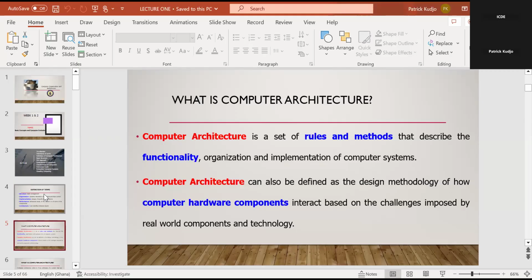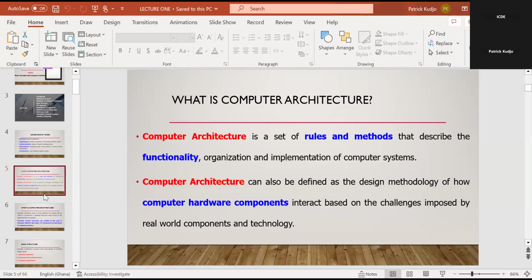So the design method of how the computer hardware components interact with each other, based on the challenges imposed by real-world components and technology.